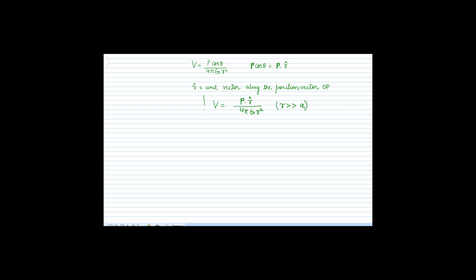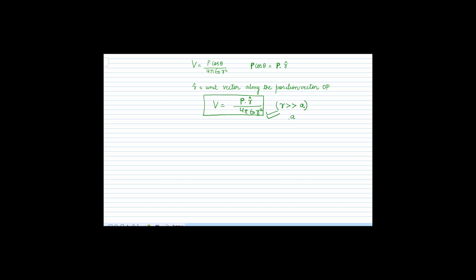So this is the electrostatic potential we have calculated for any dipole, but what we have to keep in mind is that this equation is true only when the distances are very large compared to the size of the dipole. The point we are taking is at a distance r, and this distance is very much greater than the size of the dipole. That means our dipole is very small in comparison to the distance we are taking, and we have neglected the higher order terms of a upon r.